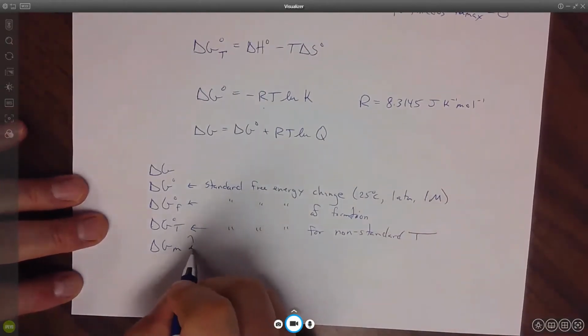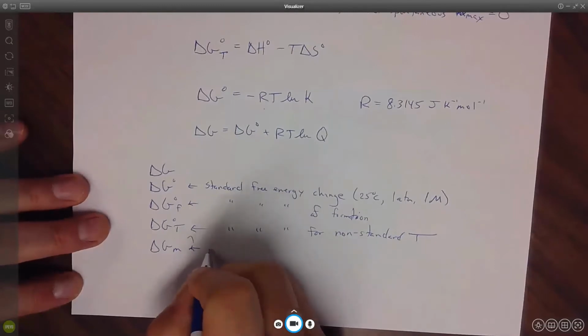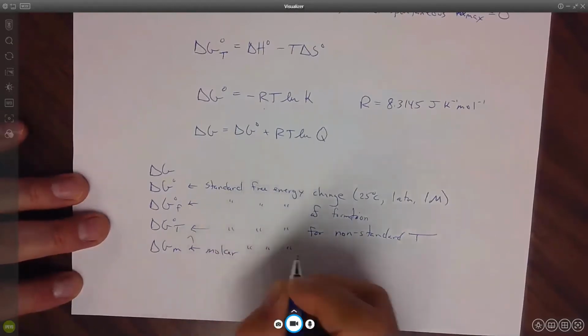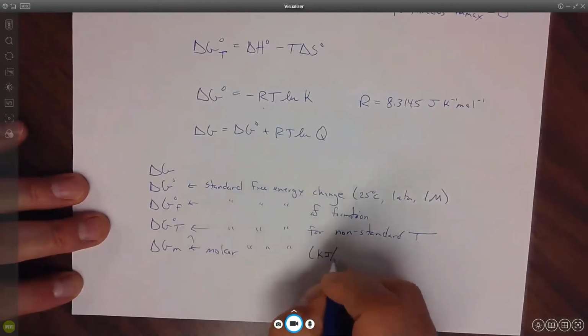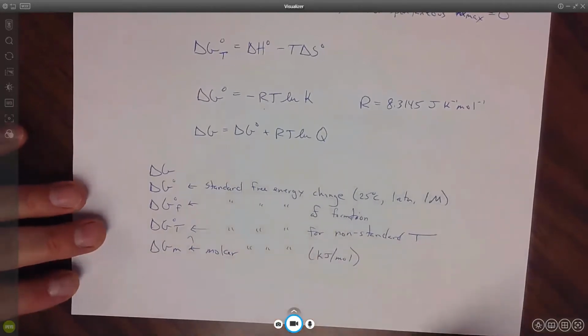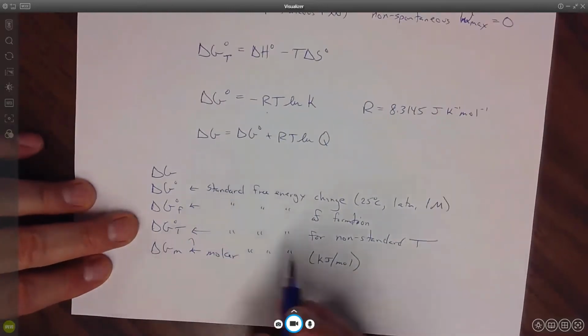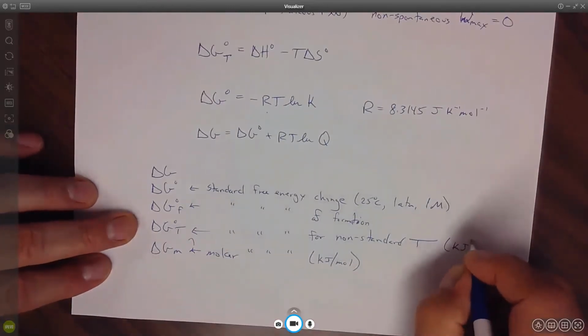This is just a molar free energy change. So molar free energy change, that's going to have units of kilojoules per mole. As we've seen, this is just going to have units of kilojoules.